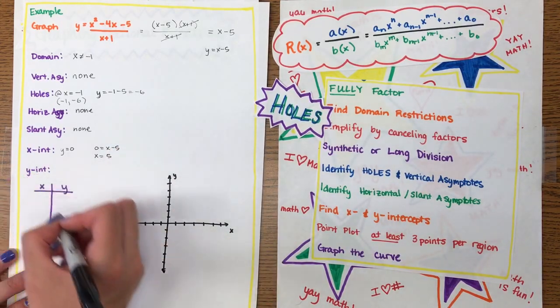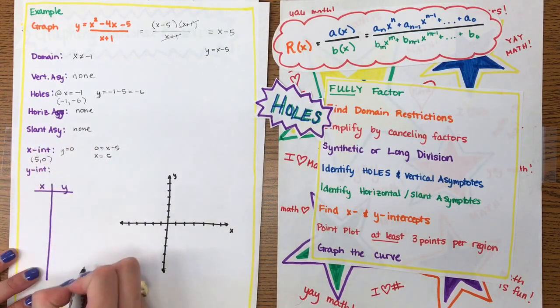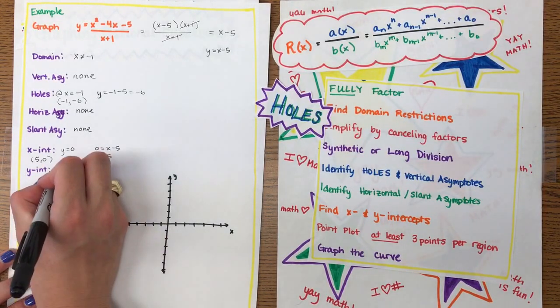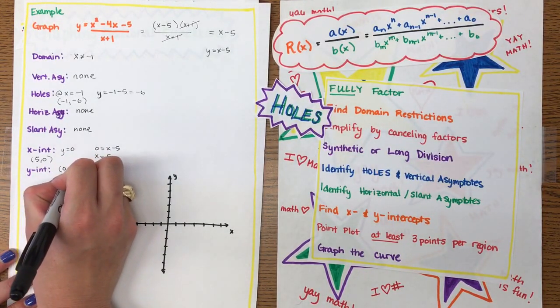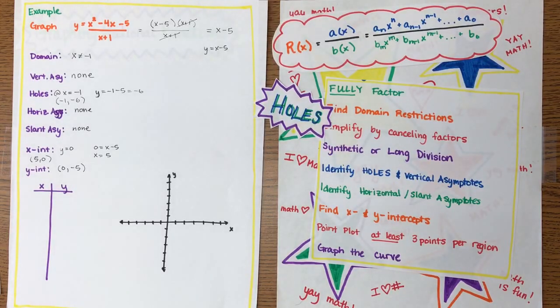So I have the point 5, 0 on my graph. And my y-intercept, this is just a line in slope-intercept form, so this is going to be 0, -5. So I now know 2 points on my graph.